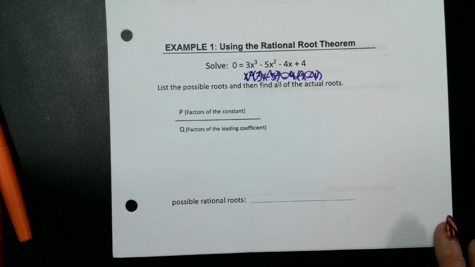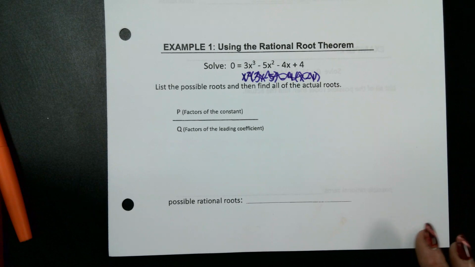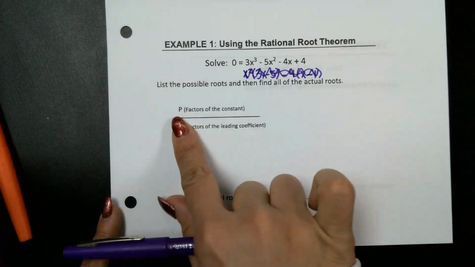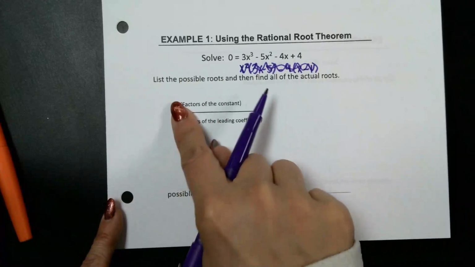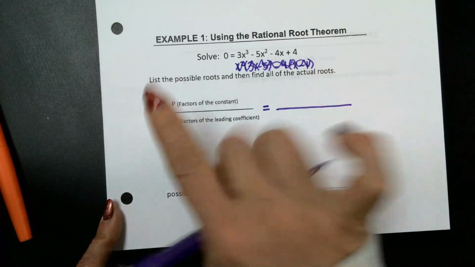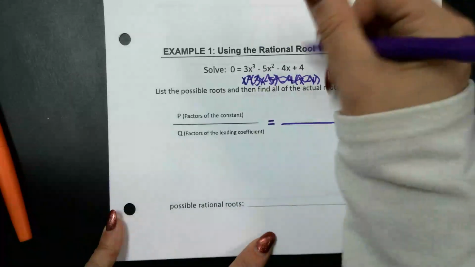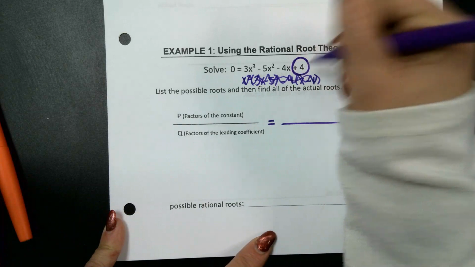To find the possible solutions, you need to pay attention to this because it's stuff you've probably never seen before. We are going to set up a fraction here. The P are all the factors of the constant. Here's our constant, the 4 at the end.